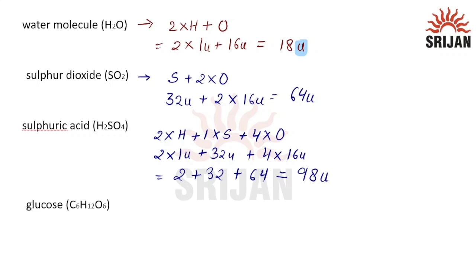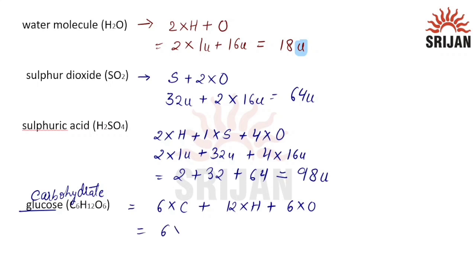it is equal to 98U. Now, glucose. Glucose is an example of a carbohydrate. It is composed of 6 atoms of carbon, 12 atoms of hydrogen, and 6 atoms of oxygen.